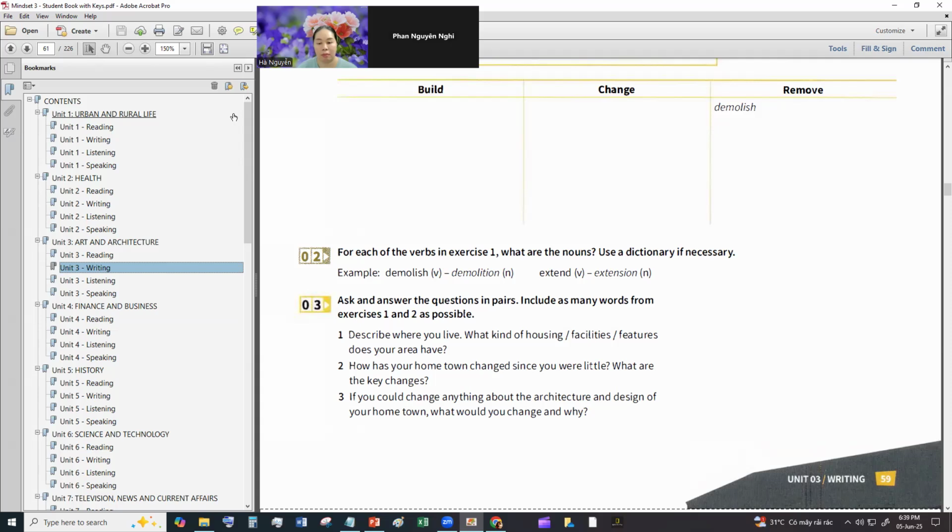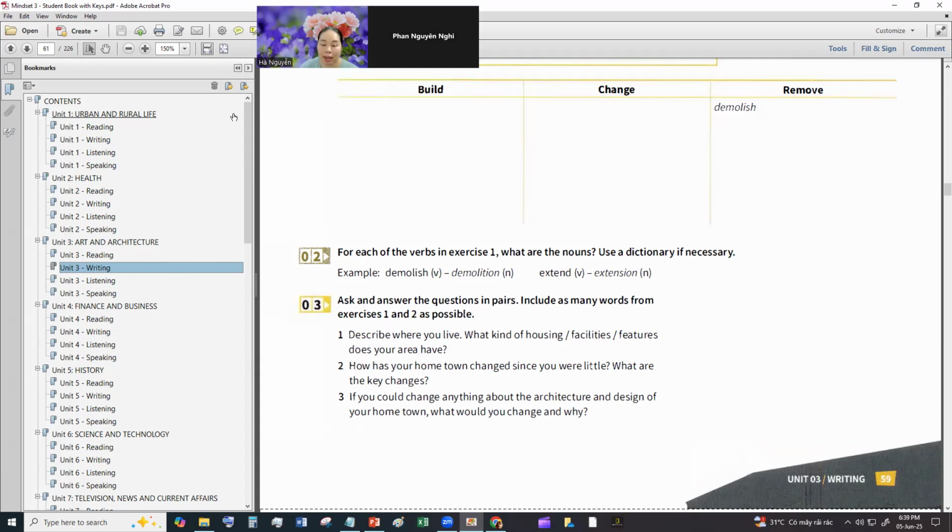I would like to build a stair to the top of the mountain so that everyone can go there without paying extra for the cable car. I see. Okay, thank you very much for your sharing.